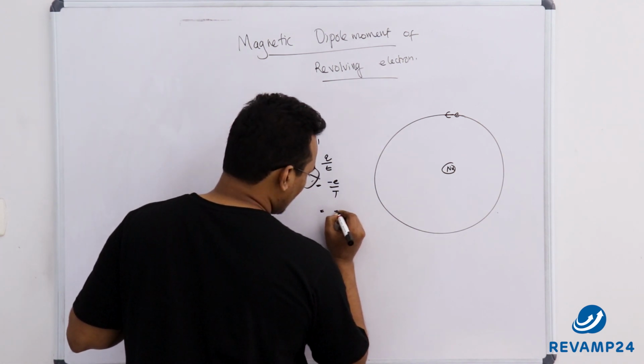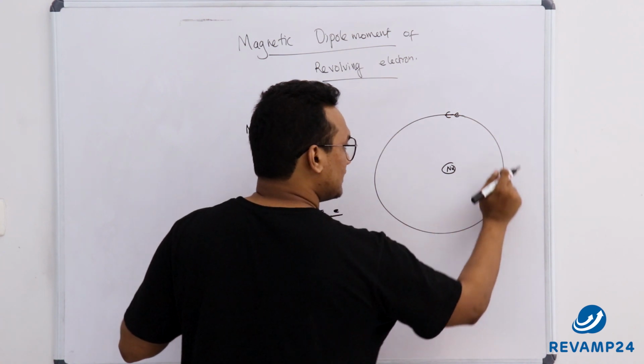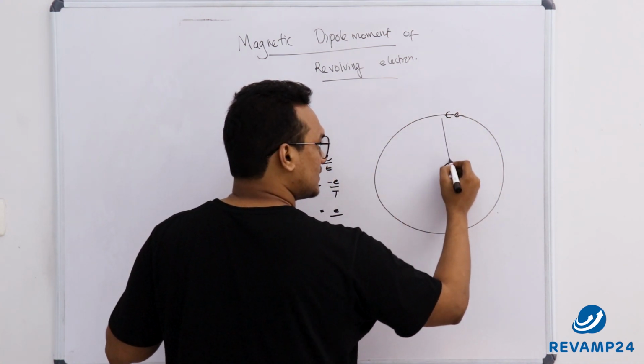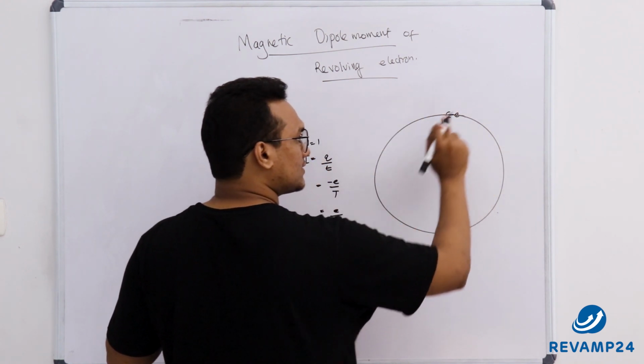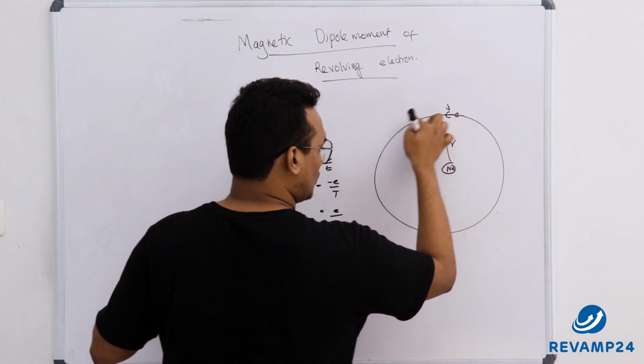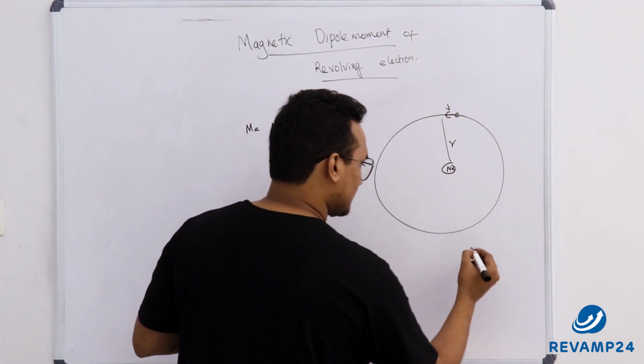Now, how to get the value of the time period? What is the total distance it has to cover? That is the whole circumference, right? So if this is R, the whole circumference is 2 pi R. With a velocity of V, it covers the 2 pi R distance. So what is the time taken?